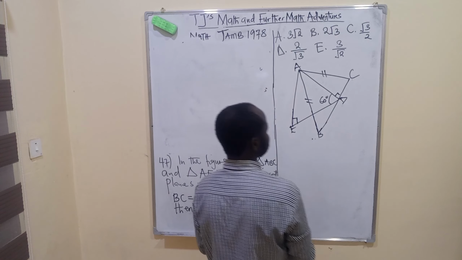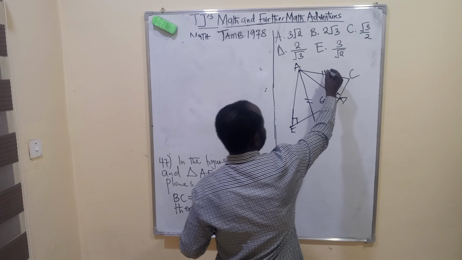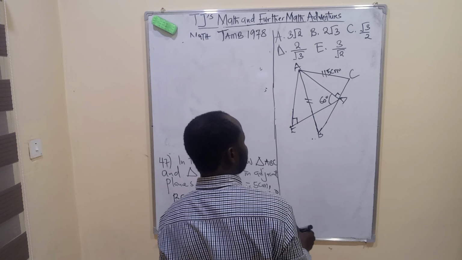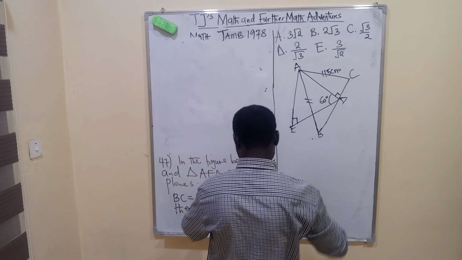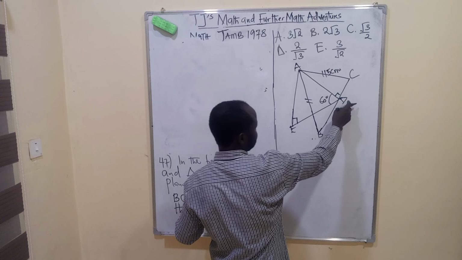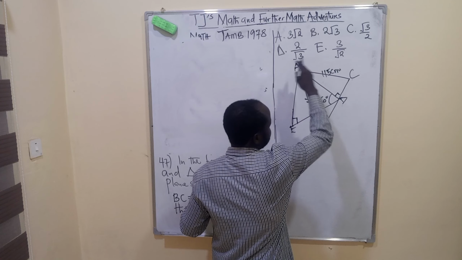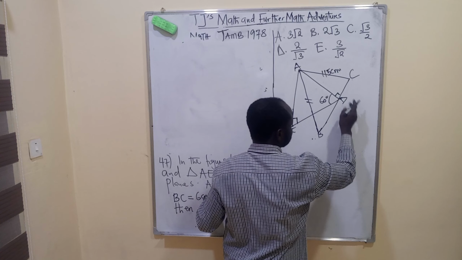Let's analyze this question critically. We were told from the question that AC is 5 cm, meaning here is 5 cm. Another thing, BC is 6 cm, but AD is the perpendicular bisector of length BC, meaning AD divides length BC into 2 equal parts.